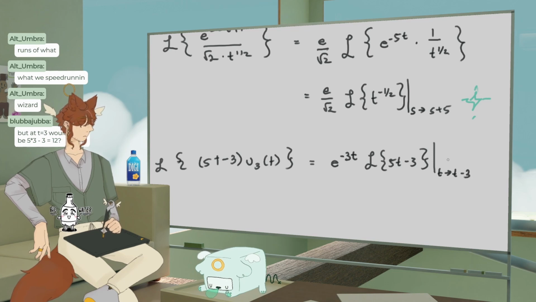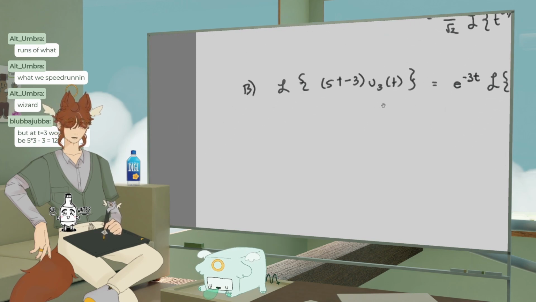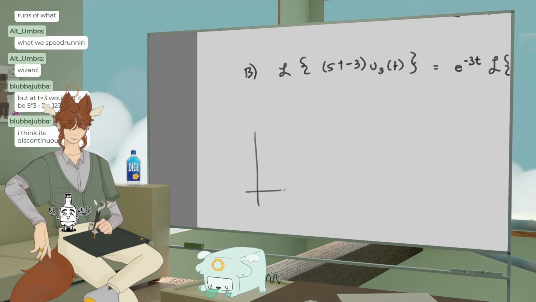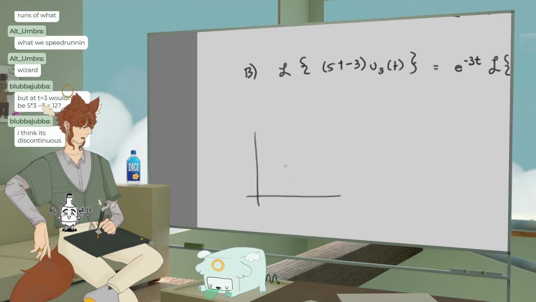Wait, but at t equals 3, wouldn't it be 12? Let me think. Maybe this unit step function is just not super nice. Generally, the reason we use a unit step function is to represent piecewise functions. So I think it's discontinuous.